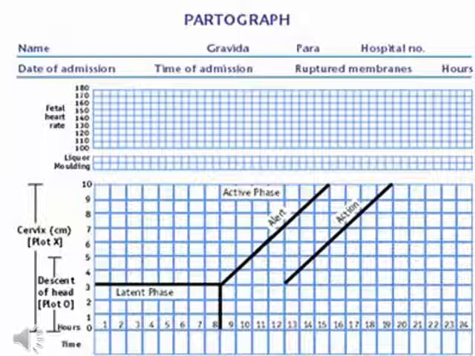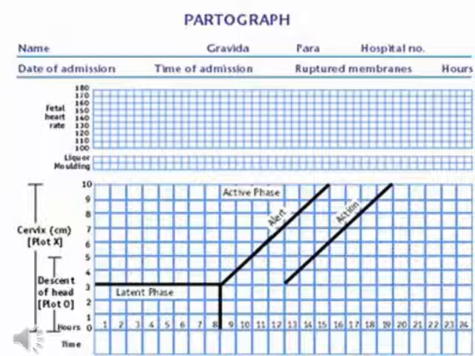Later comes the cervical dilatation and the descent of the head. You can see on the left hand side it is mentioned as cervical dilatation and descent of head. Here there are two main phases, the latent phase and the active phase.